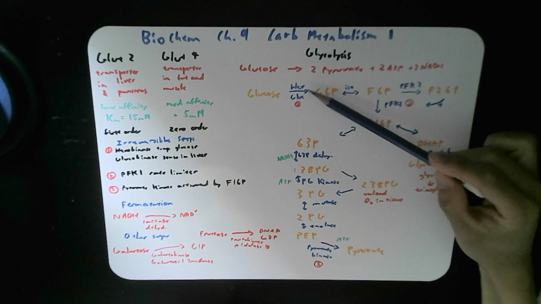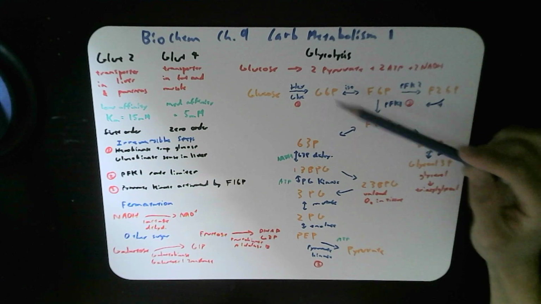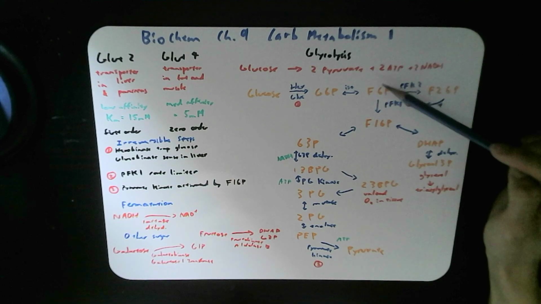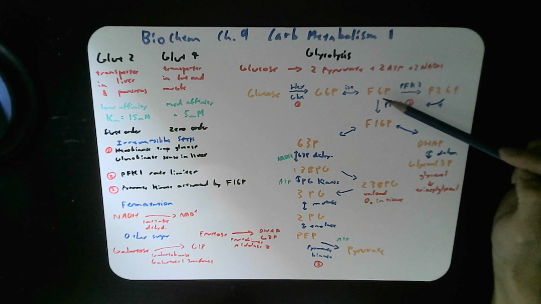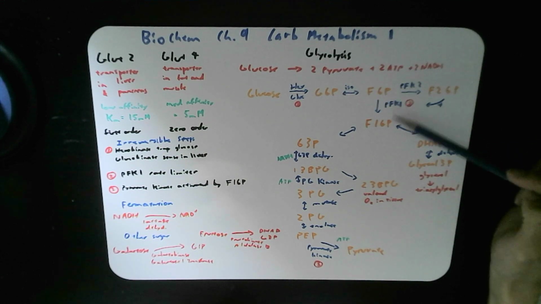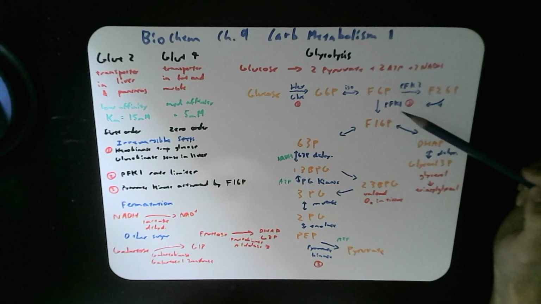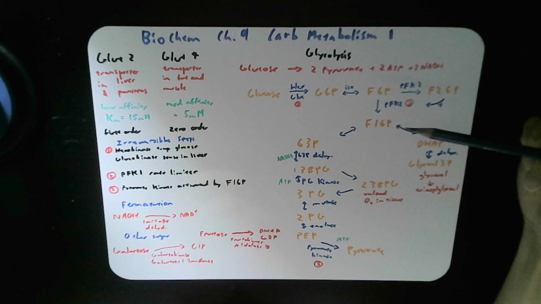Now once hexokinase and glucokinase have trapped the glucose, it is converted into G6P, and then isomerase turns it into fructose 6-phosphate. Fructose 6-phosphate can then be used by the enzyme phosphofructokinase 1 to make fructose 1,6-bisphosphate. You will notice that phosphofructokinase adds a phosphate to it.